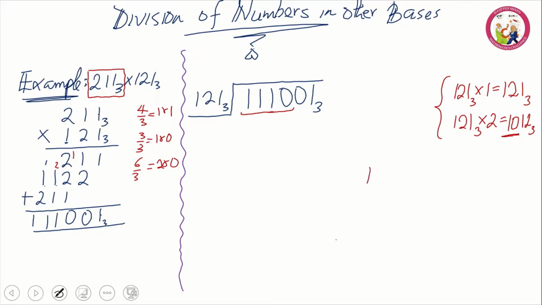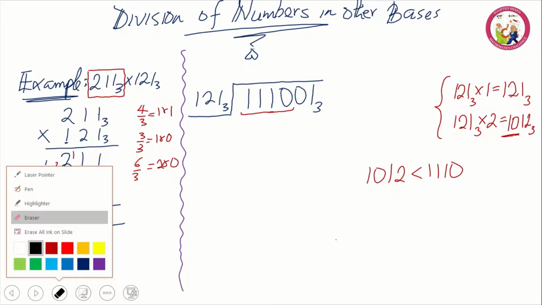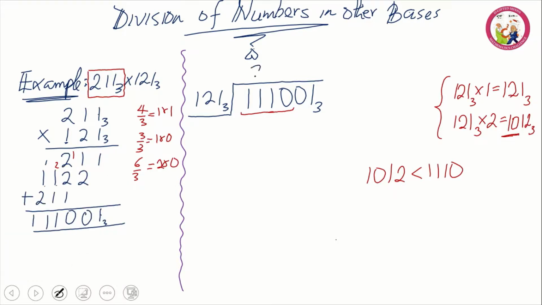Of course, 1012 is less than 1110, right? So it means that 121 in base 3 goes into 1110 in base 3 2 times. Do you understand, guys? It goes into it 2 times. Now write 2 at this position.